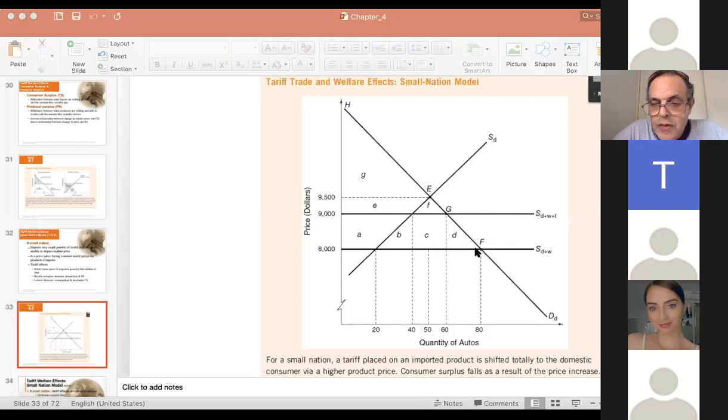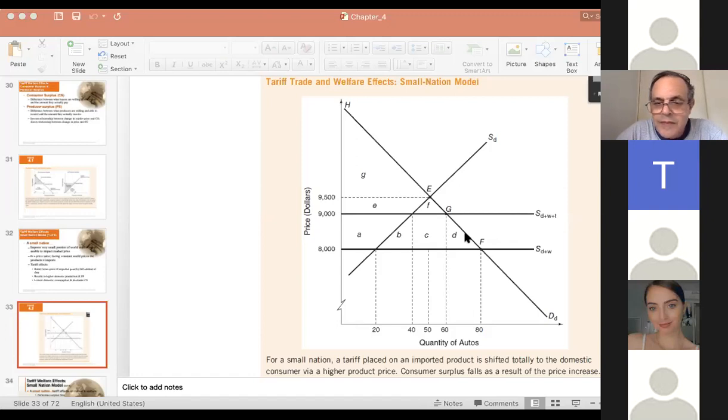Now, let's say consumers were given a chance to consume 59 autos, very close to 60. Consumers are actually willing to pay a little bit higher than the world price of 8,000 to buy those 59 autos, but they were prevented from doing so because of the tariff. Also, consumers are still willing to pay a little bit higher than 8,000 if they were to consume, let's say, 78 autos.